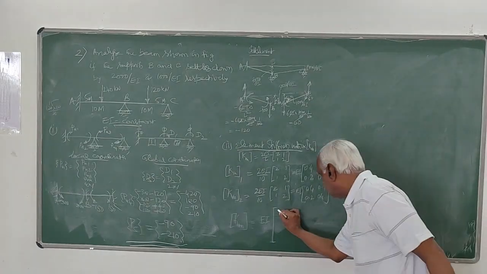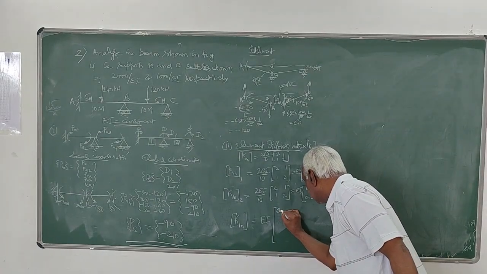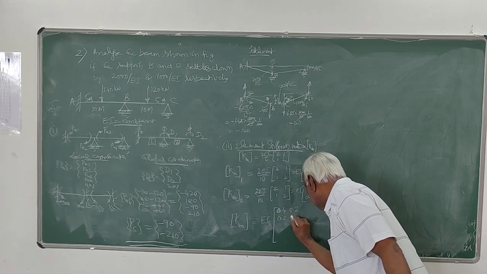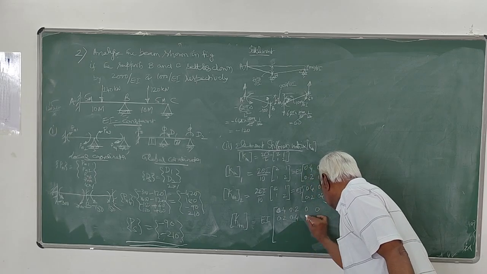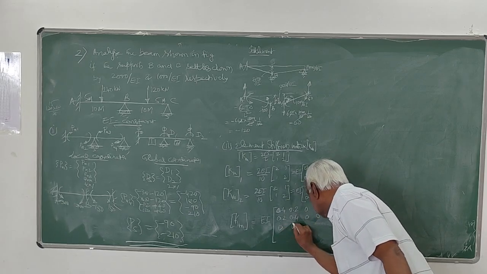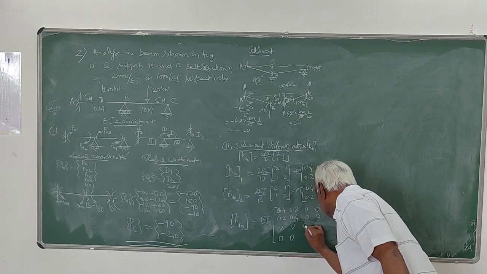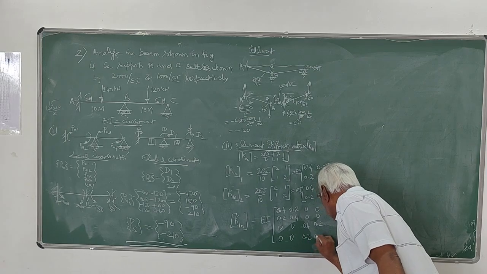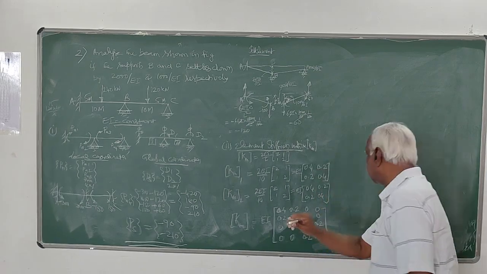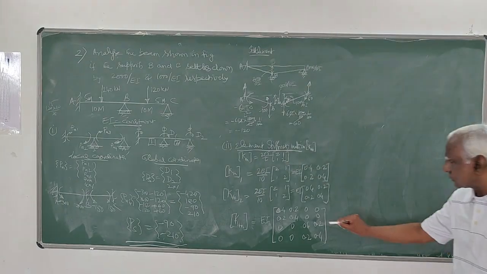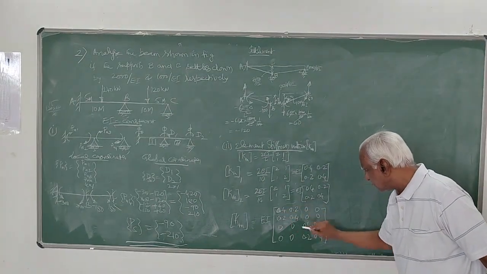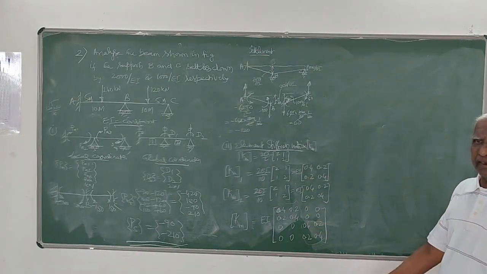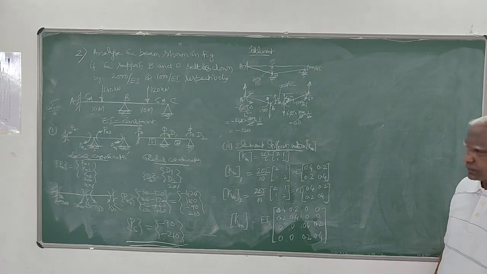For element 1, it is 0.4, 0.2, 0.2, 0.4, others 0, 0, 0, 0. Here it is 0.4, 0.2, 0.2. This is element stiffness, for element 1 and element 2 along the diagonal.